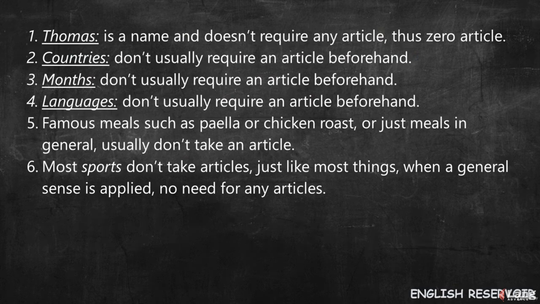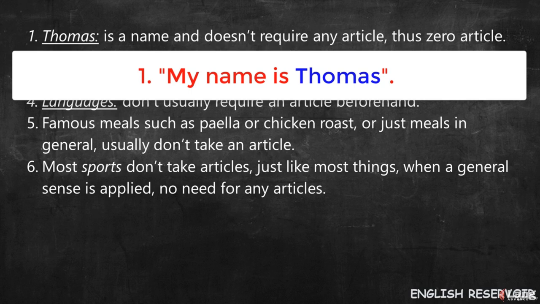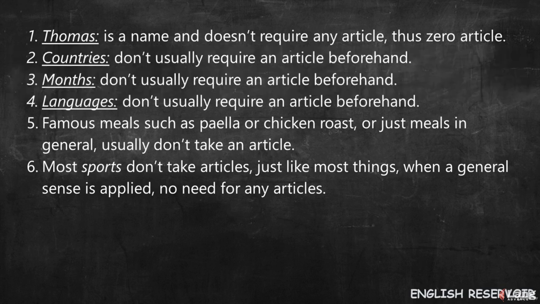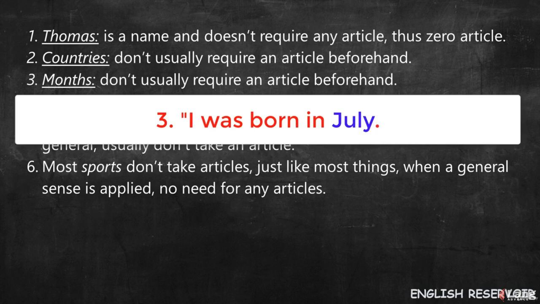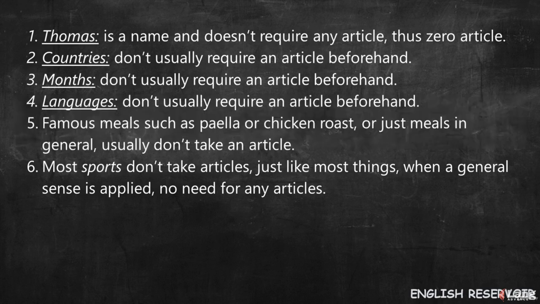Analysis. 1. Thomas is a name and doesn't require any article, thus zero article. 2. Countries don't usually require an article beforehand. 3. Months don't usually require an article beforehand. 4.